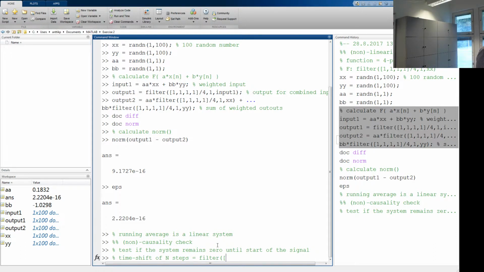Time step of 0 step would be just 1, but we actually put here zeros as many as we have these steps. 1 and n at the beginning, and then 1 here. Okay, this actually convolutes the signal with that response function.